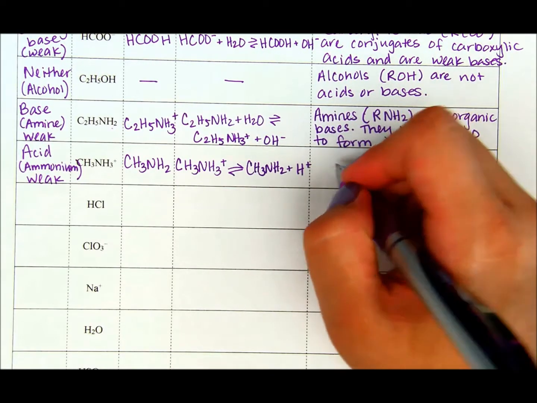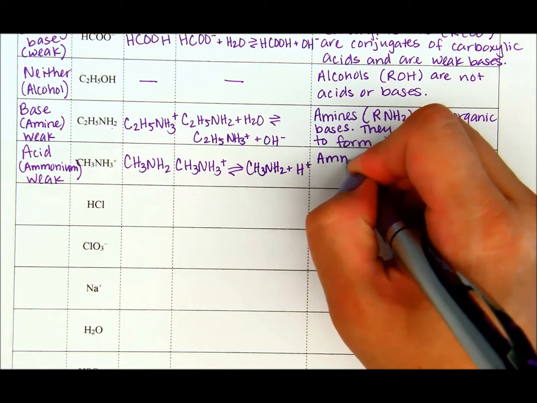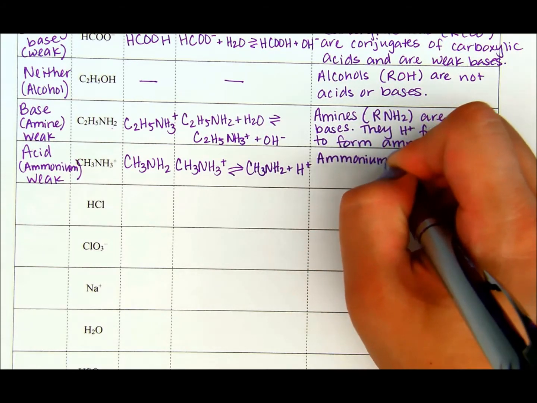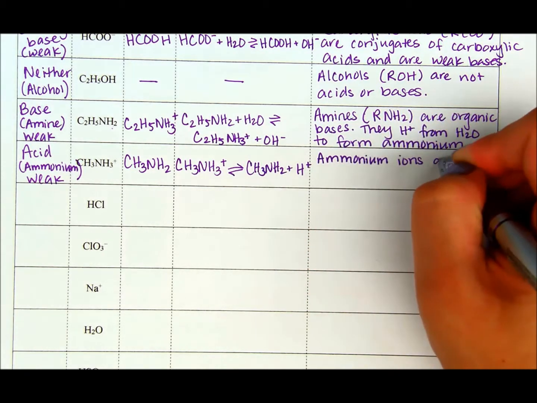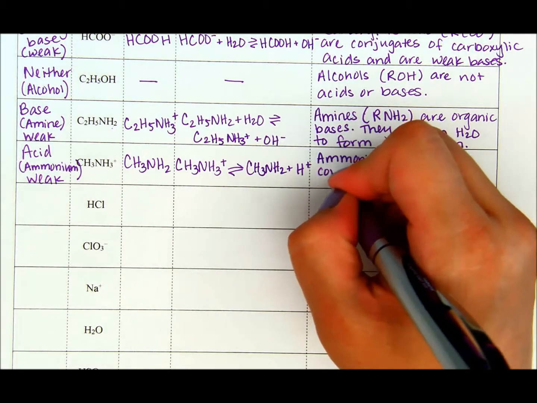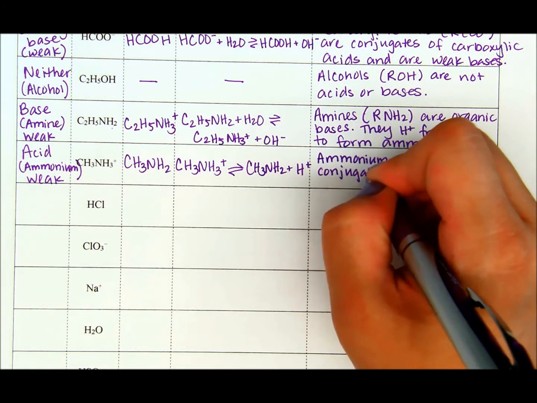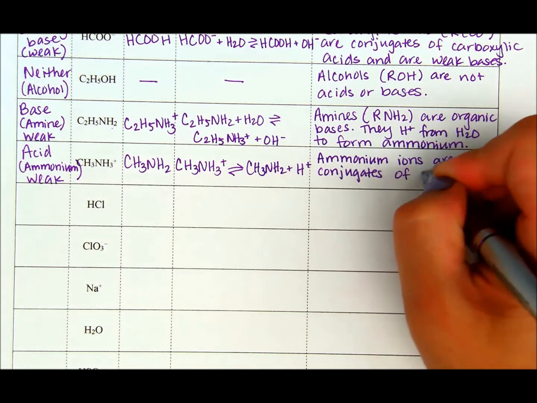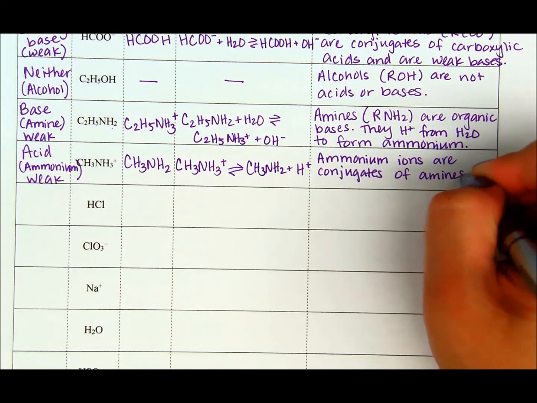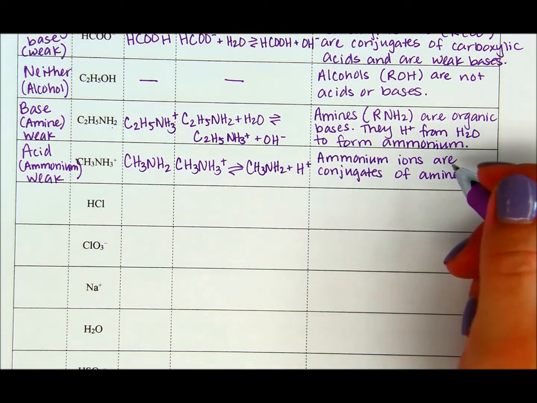Ammonium ions are conjugates of amines. And they are weak acids.